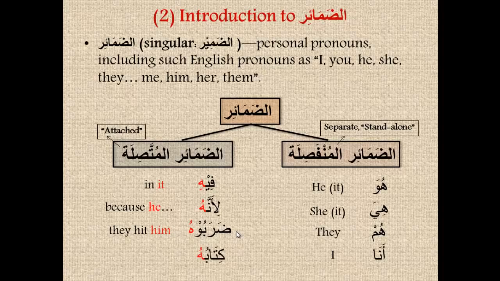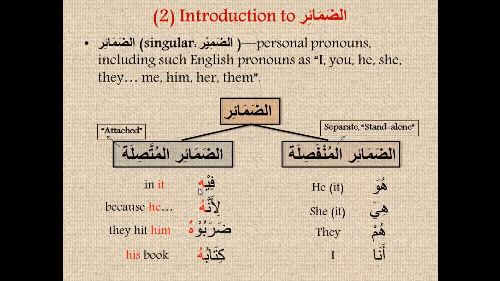Kitabuhu is composed of two words, kitab, which means book, and hu on the end. The attached pronoun signifies possession in this case. Kitabuhu means his book. In each of these examples, I've highlighted for you in red the attached pronoun.